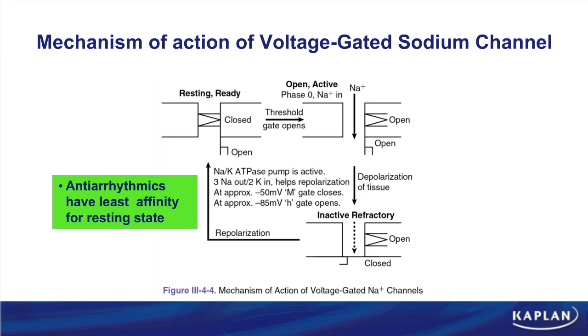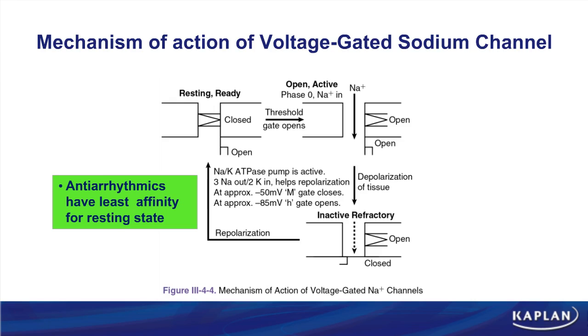This is where the M gates flip open and sodium rapidly rushes into the cell. But you all know that phase 0 happens very quickly, so sodium channels don't stay in the open state for very long. With that very steep slope, the time interval is very short for sodium channels to stay in this state.